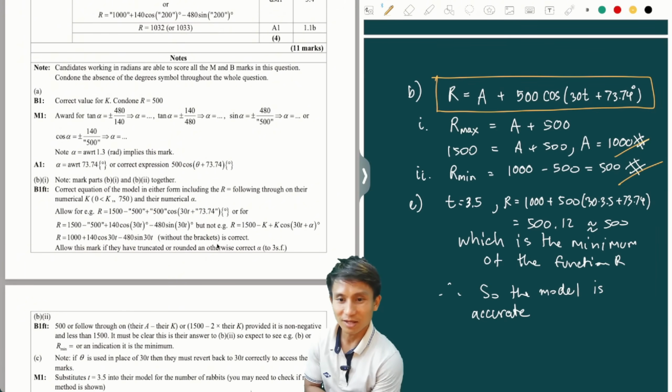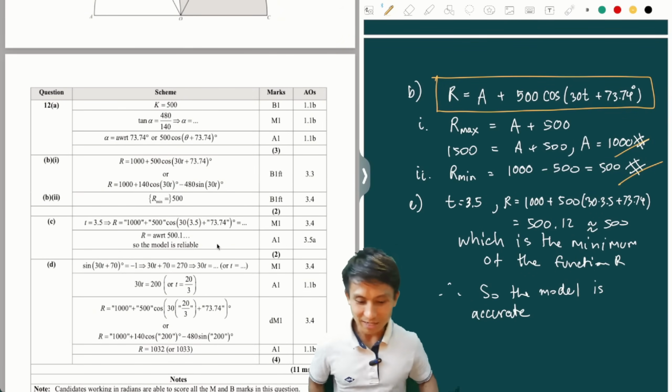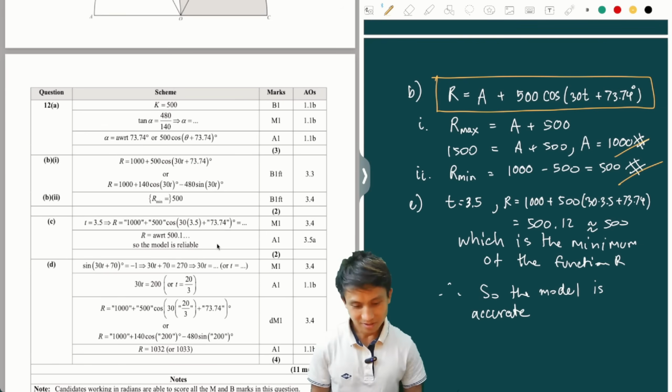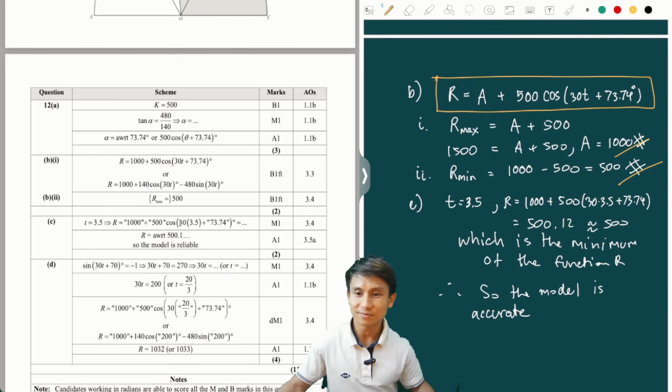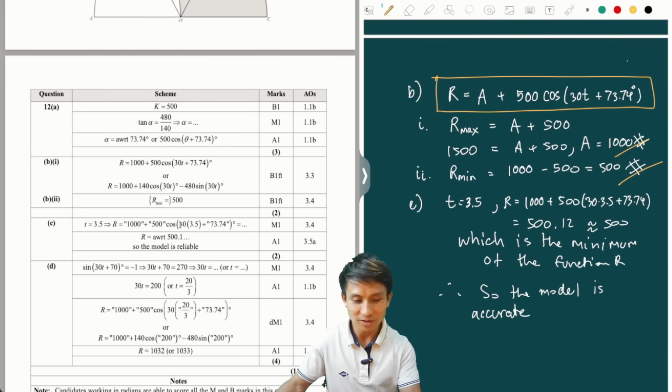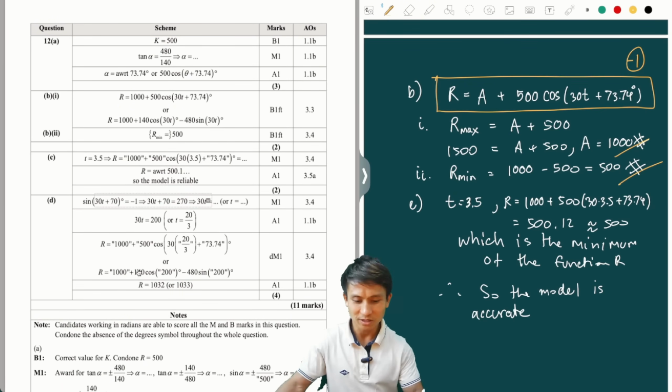Allow mark if they truncate or round it otherwise. Yeah, you know, I think I got it. Right, guys? I think I got it. Because at least I did the 30T there and just found A to be 1,000. It just didn't say it at the last line, but you know what? I'm not going to give myself a mark here, so just -1. Just being very fair here, or too harsh, maybe.